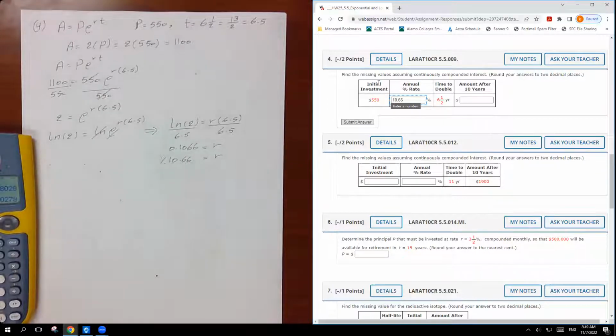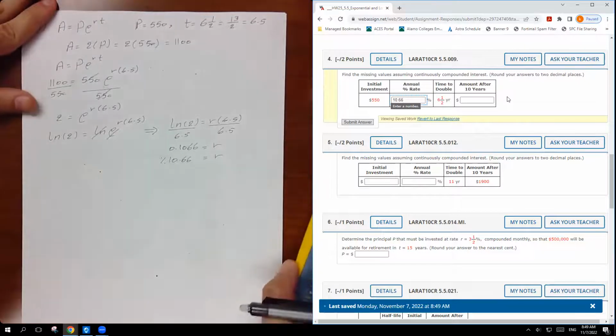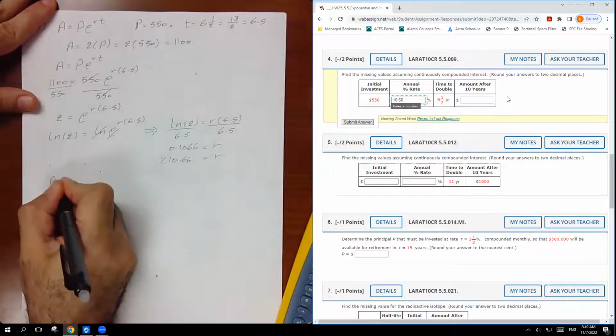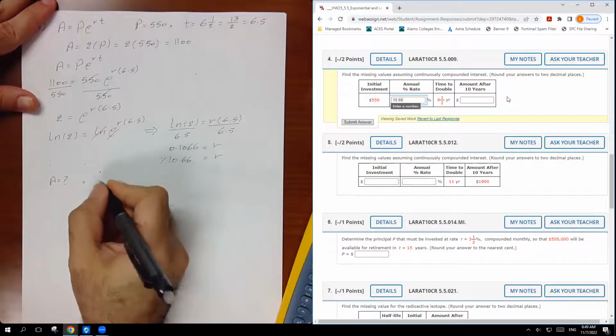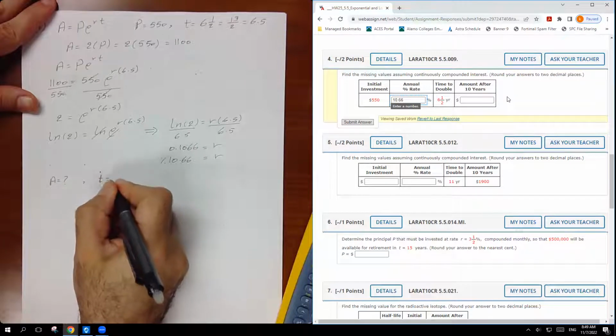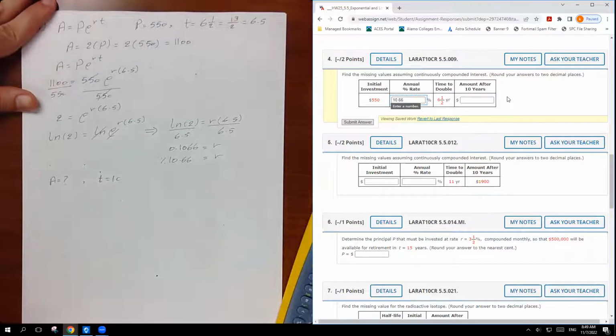Now, our next part is to find the amount after 10 years. So now we need to find the future amount, and the time is 10 years.